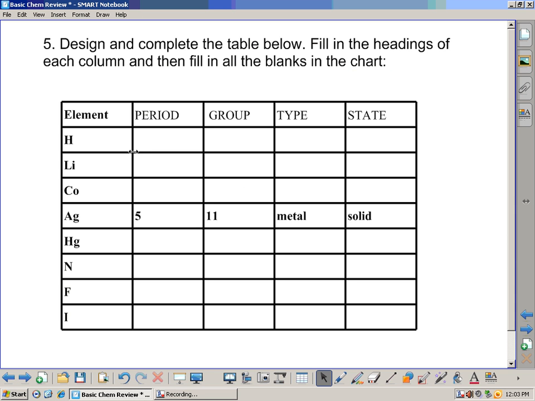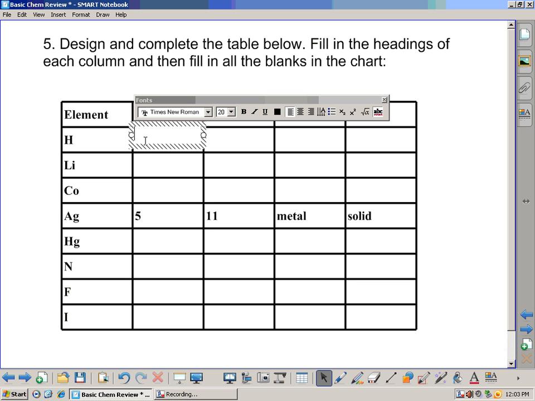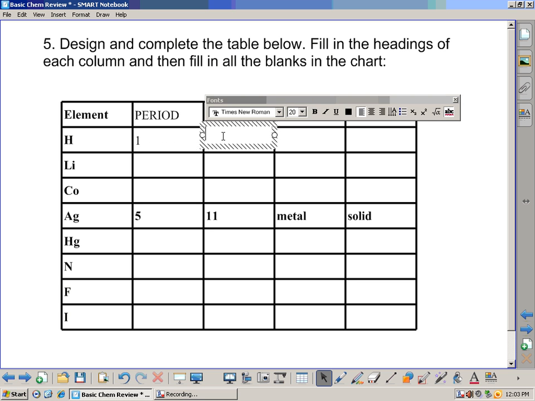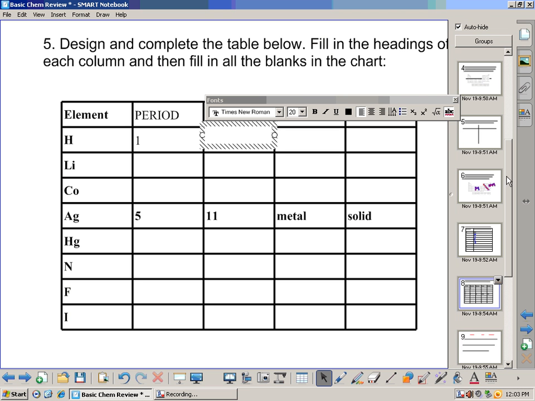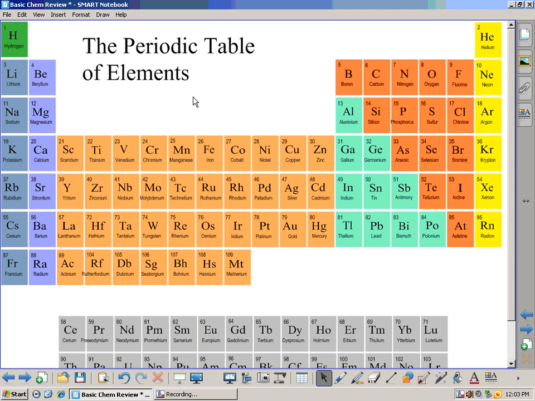So then if we go to hydrogen, hydrogen is going to be in period 1. If we look back at our periodic table, hydrogen is period 1. It's also group 1 because it's in the first row, so the first period. It's in the first column, which is the first group.